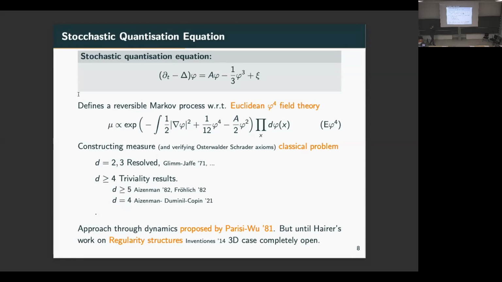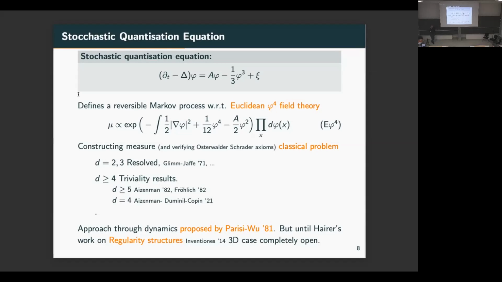But if you go through history, in the 90s, there were people who tried it, but they tried it in 2 dimensions. The 2-dimensional result was supposed to be hard, and in 3 dimensions people didn't even dare to think about it, basically. I'm aware of a single paper on the dynamic Φ⁴₃ equation from prior to Martin's work, and that essentially says that the Dirichlet form is not closable.